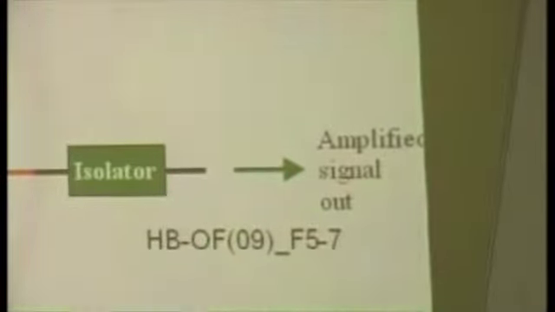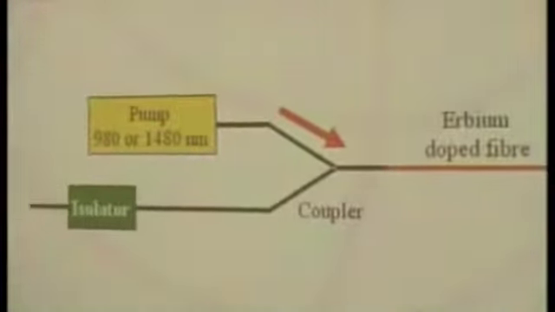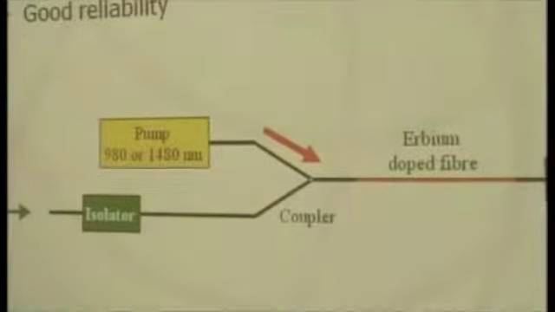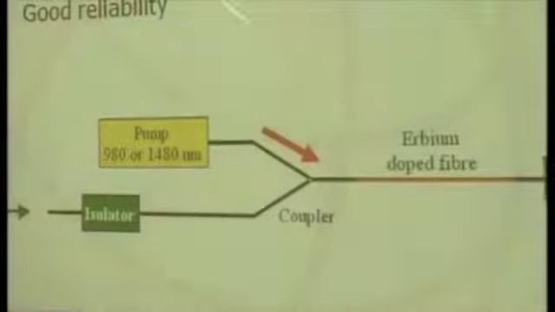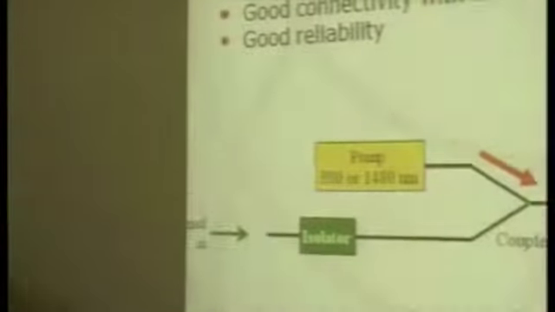Of course, this type of amplifier can easily oscillate, like a laser, and we don't want oscillation, so we use this isolator. The isolator prevents the reflection of the light, so the isolator is necessary. The characteristics are higher efficiency and relatively lower pump power, which is cost-effective, and good connectivity with transmission fiber.